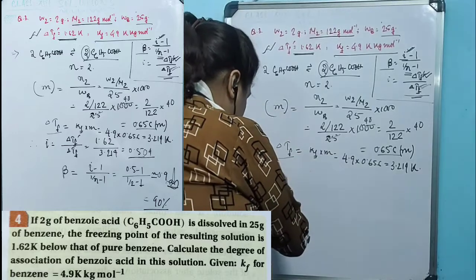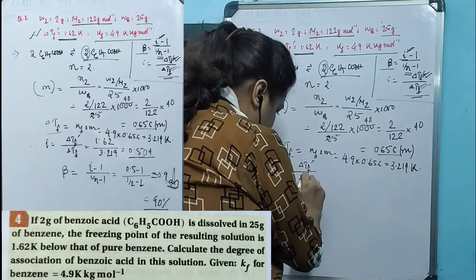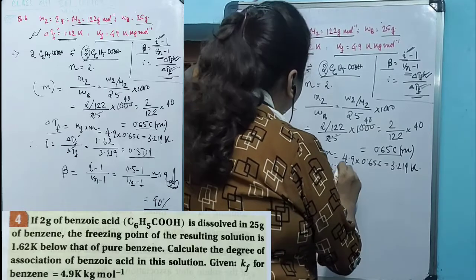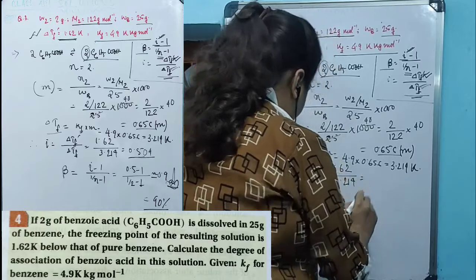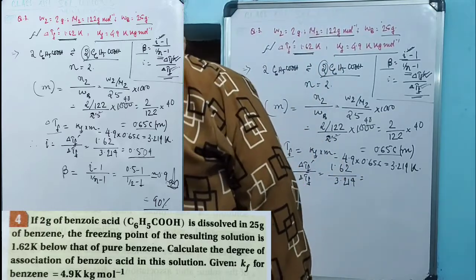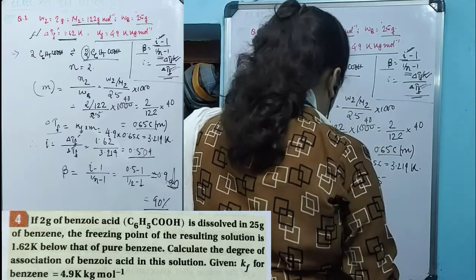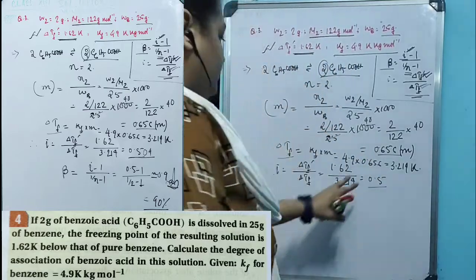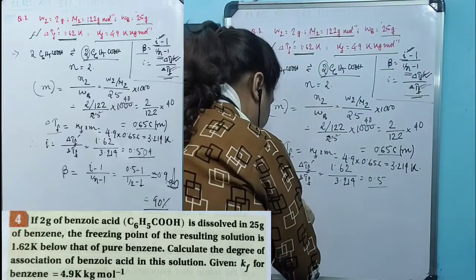Therefore, very easily we can find i equals delta TF prime by delta TF equals 1.62 by 3.214, which is almost 0.5.